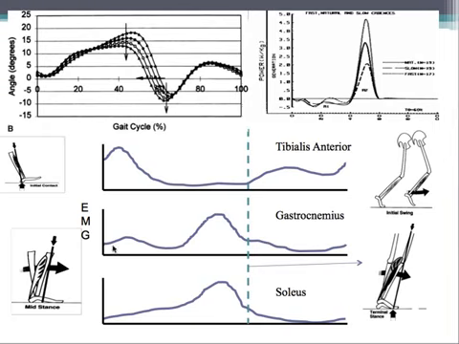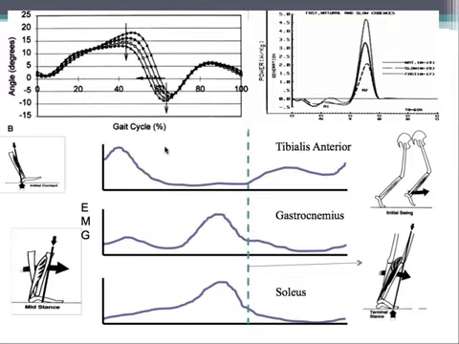If we look here, we can see that the gastroc has its big burst just at the 60% gait cycle point, toward the end of terminal stance and pre-swing. We can see that there's a gradual increase in activation in the soleus muscle throughout the stance phase up to when the toe comes off.